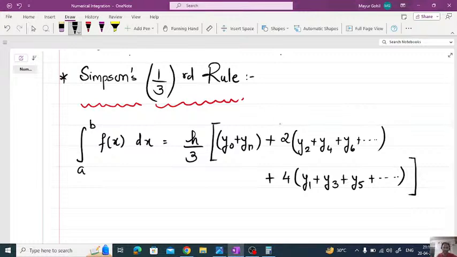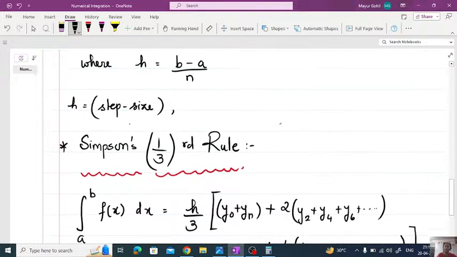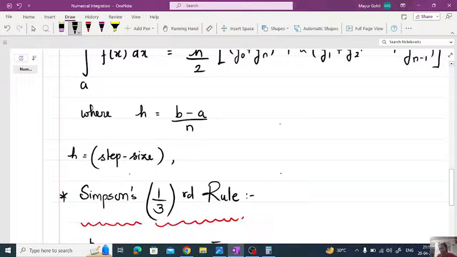n has to be an even number. In the trapezoidal rule, there is no condition on n. N can be odd, n can be even, it can be any number.